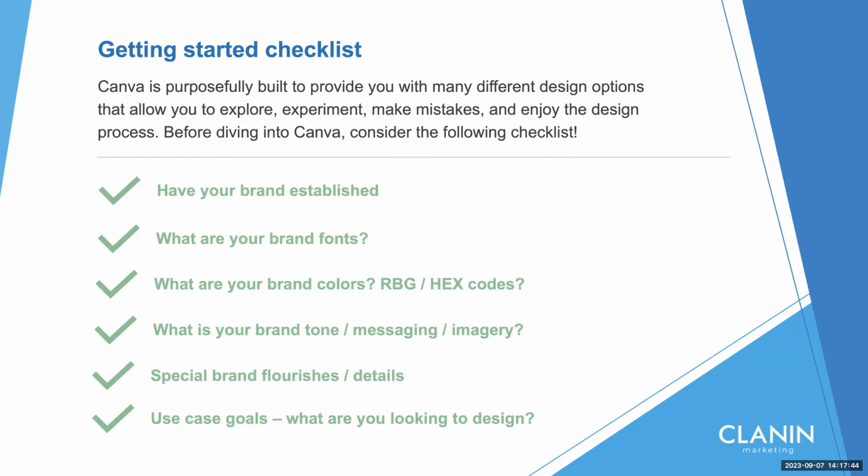They have certain approved marketing imagery that they use for certain things. So again, are there certain patterns or flourishes that are part of your brand that you can bring into your Canva designs?